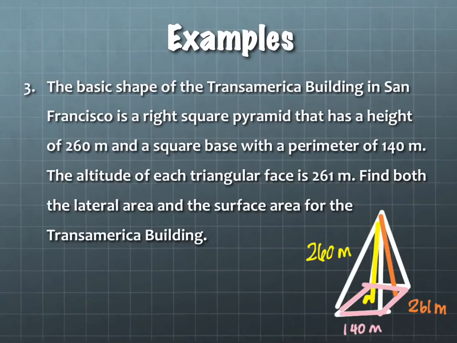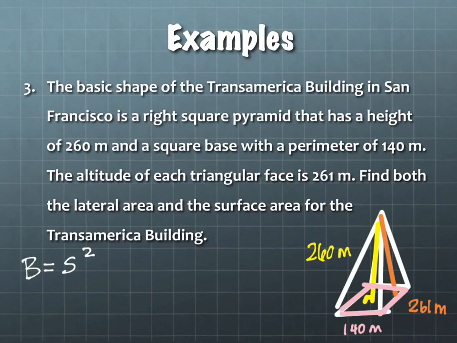So let's actually start with maybe the hardest part on this one, just because of the information we were given, and find the area of the base. Calls it B. So I have a square on the bottom. The perimeter of the square is 140 meters. So what's the side length? Because I'm supposed to do the side length squared. That's the way I find the area of a square.